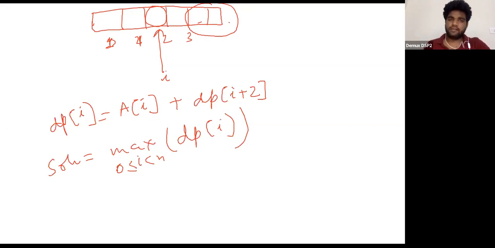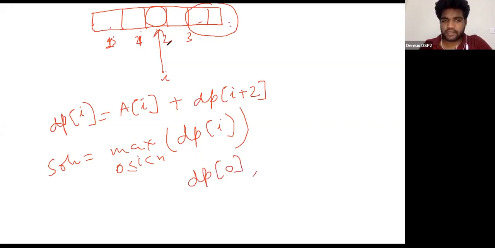Ishan, is this clear? He can also select 0. Yeah, he can select. So that's what it is, maximum. So the first house that he can rob can be any of these. If the first house he robs is 0, then the answer is dp 0.